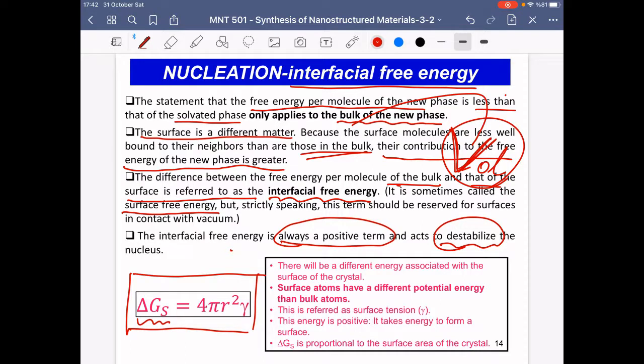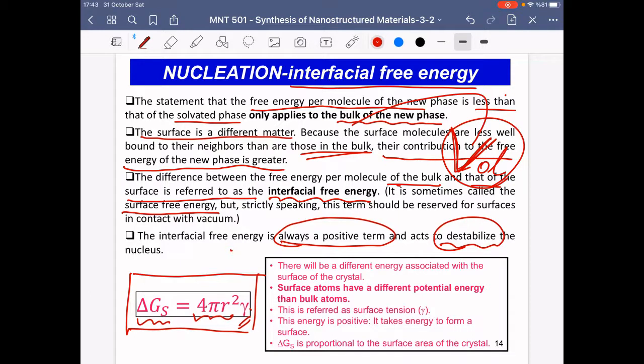I'm going to call it delta GS, S referring to the surface, and this is my surface area for a simple sphere, 4 pi r squared, times epsilon, or whatever is called the gamma. That's why I wanted to change the supersaturation notation. This is referred to as being for the surface only.